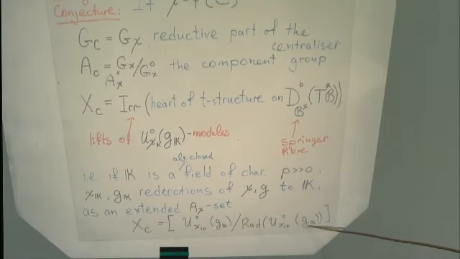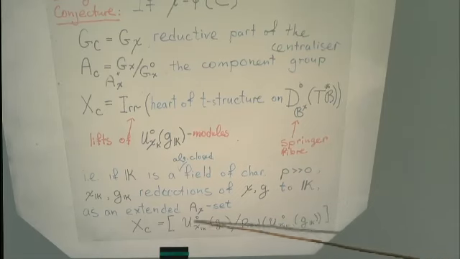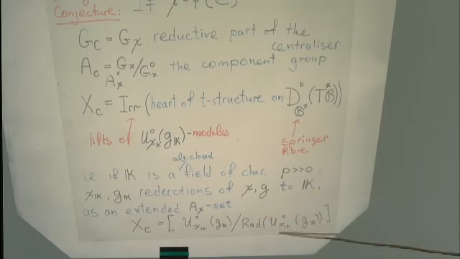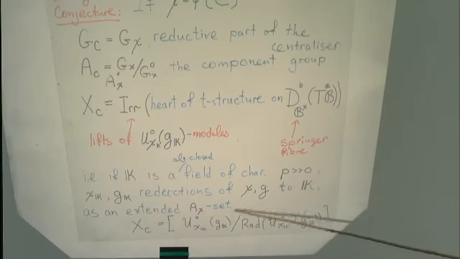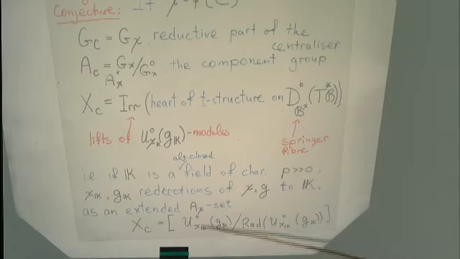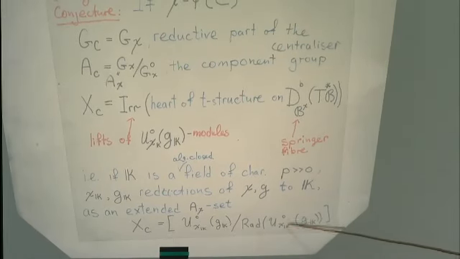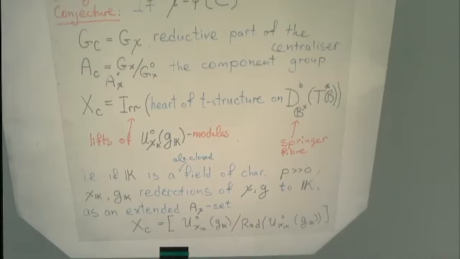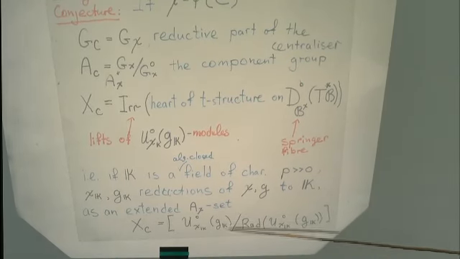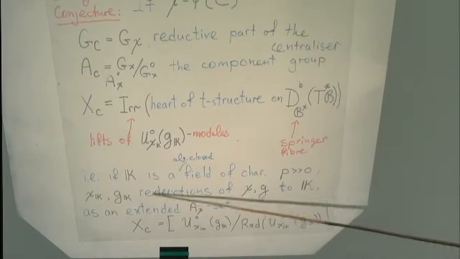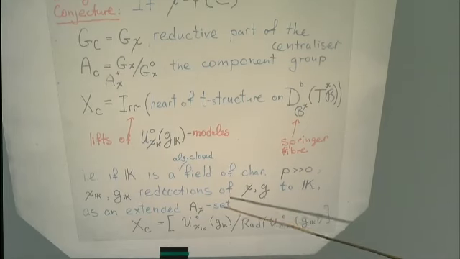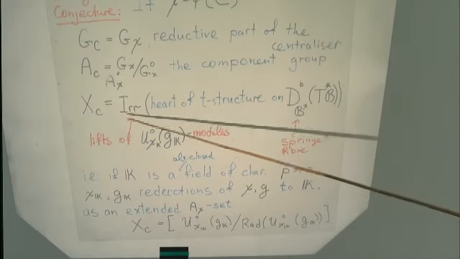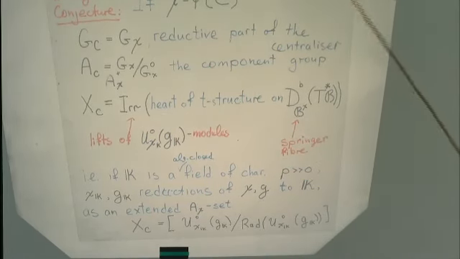Then I can kill the Jacobson radical, and this is a semisimple algebra, a sum of matrix algebras, and A_χ, the component group, sits here as a subgroup. So it acts on this semisimple algebra. And so this algebra is an extended set. The conjecture says that this has to be the based set of the cell C.